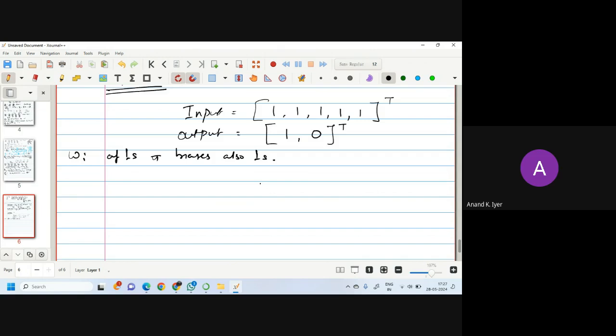Therefore A1 is equal to W1 transpose into H0 plus B1.